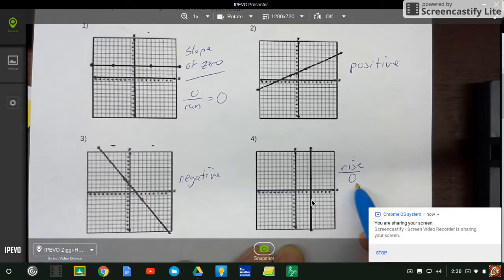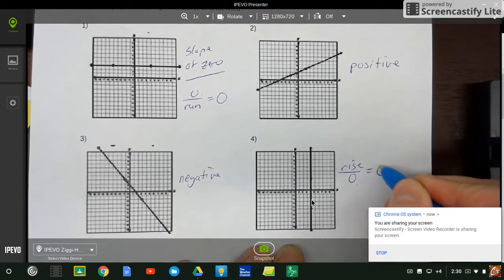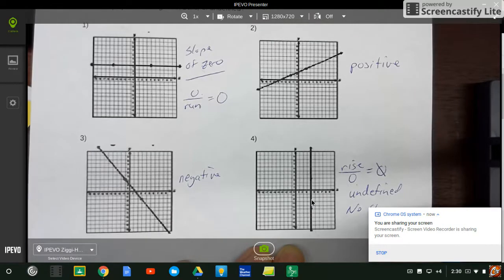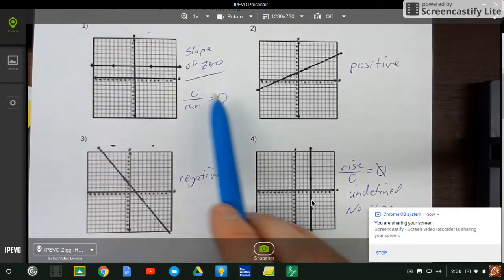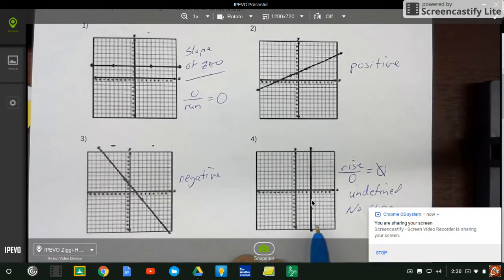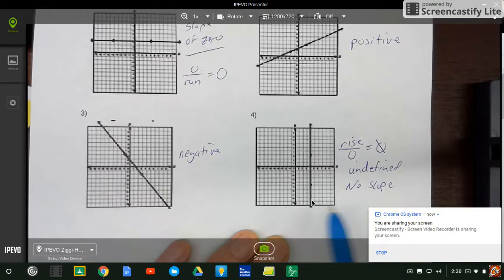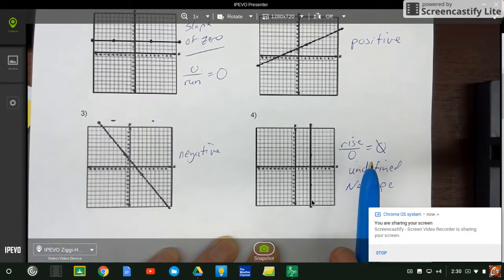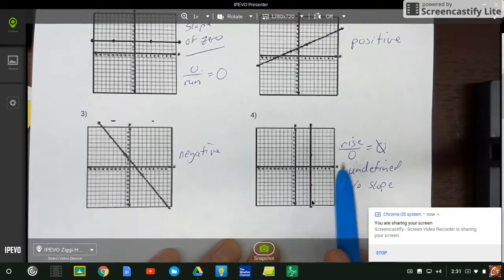Well, you can't divide by 0. So that's going to be undefined. We call it undefined or no slope. So a vertical line has no slope. Horizontal line has a slope of 0. So that's pretty simple. And like I said, you probably talked about that earlier. In fact, we even mentioned these vertical lines and horizontal lines when we were doing reflections. So it's something that we've already seen before.